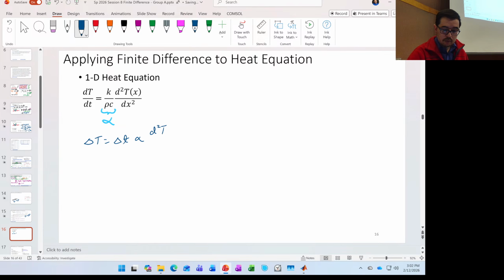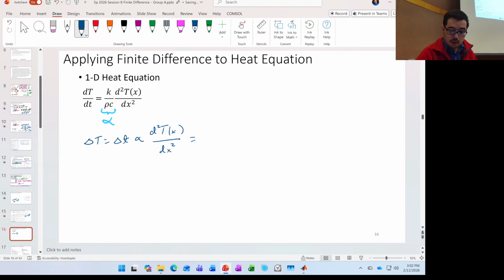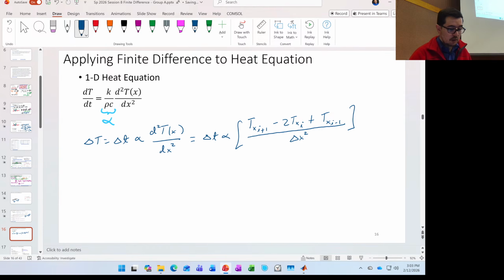and I have my second order differential equation, and if I go back and I use the centered difference right here, I have that this can be written as T of x_(i+1) minus 2 times T of x_i plus T of x_(i-1) all over delta x squared.